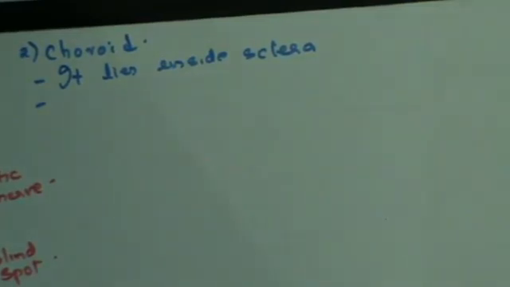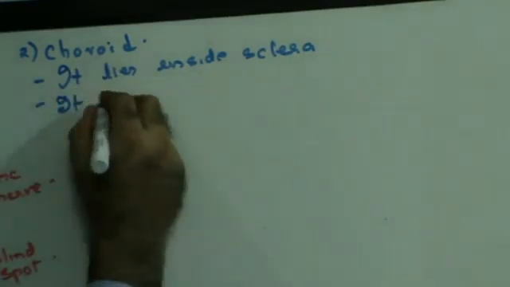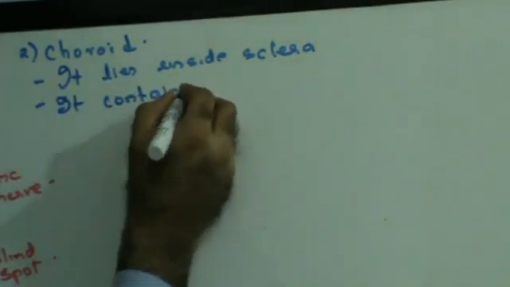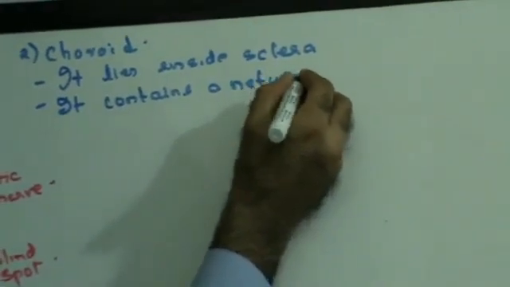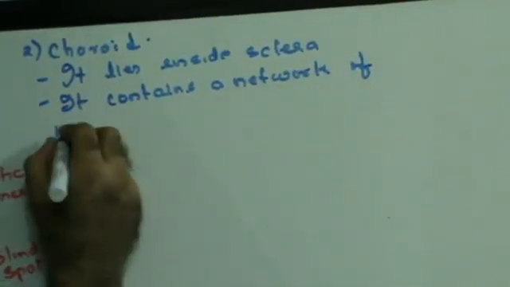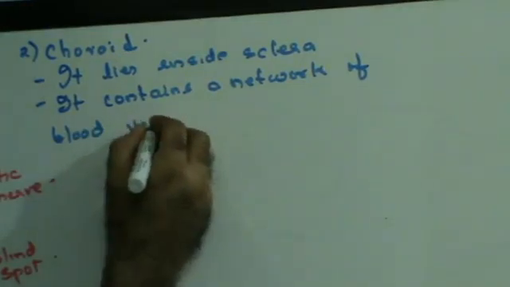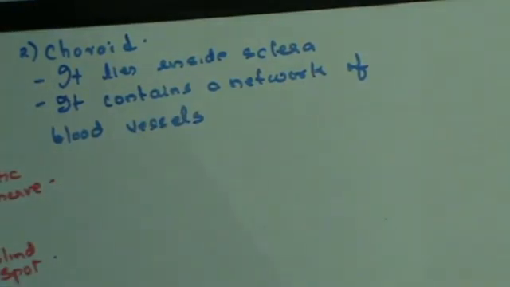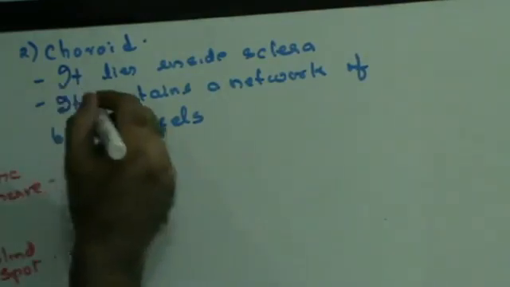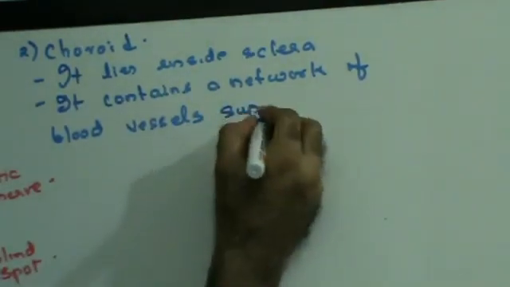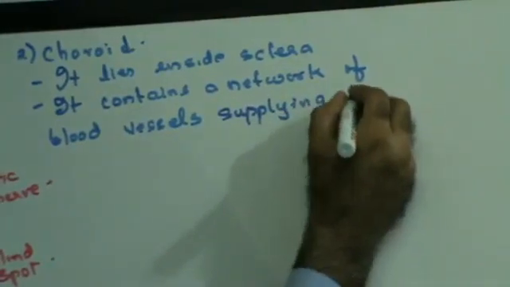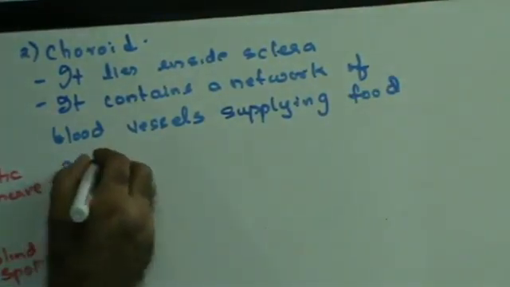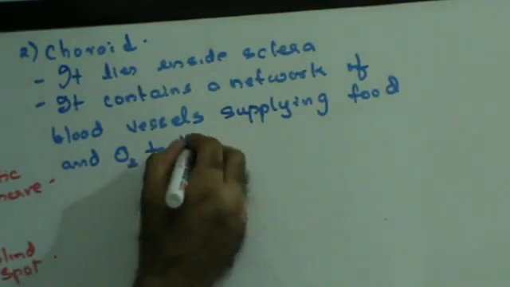Right, that's the second layer. It contains a network of blood vessels supplying food and oxygen to the eye.